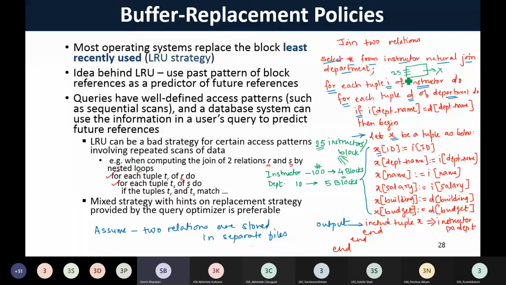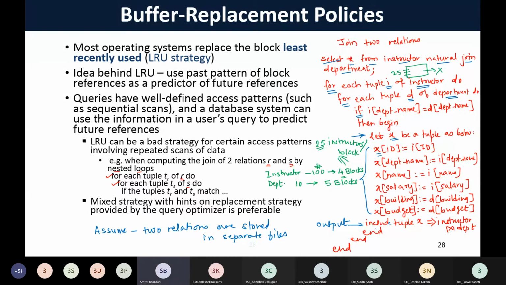Yes, ma'am. See, I'm trying to demonstrate what is the difference in the policies that are being used by operating system and those that are being used by database system. Operating system is not knowing the details, right?